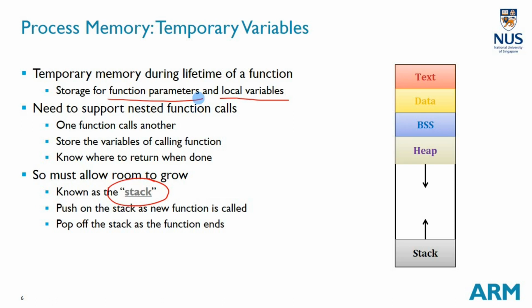So different processors may have different ways of handling function parameters, but generally we do use the stack for such purposes. And in terms of storing the return values, such as the program counter or any return parameters, we may also use the stack.